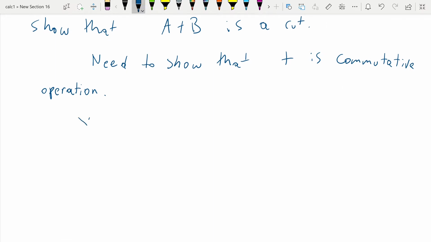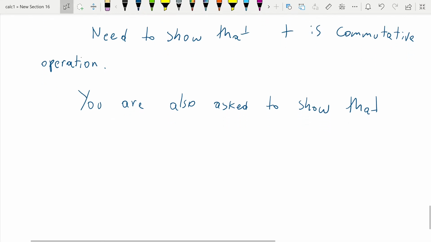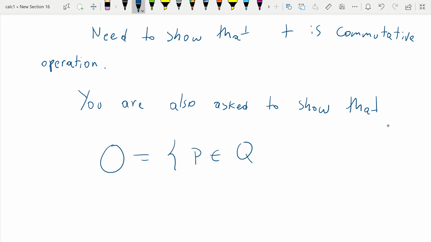So you're also asked to show that the set of negative rational numbers is an identity for plus.